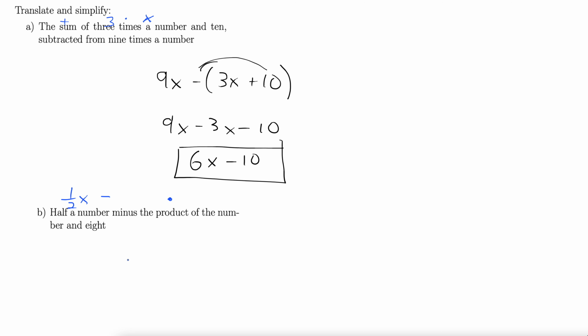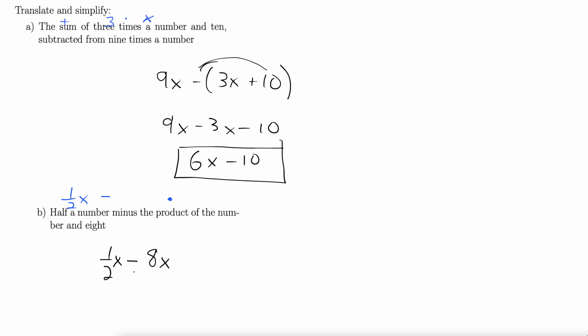So let's bring this down here. All right, so we have half a number minus the product of the number, so still the same number, and 8. So 1/2 x minus the product of a number and 8. There we go.